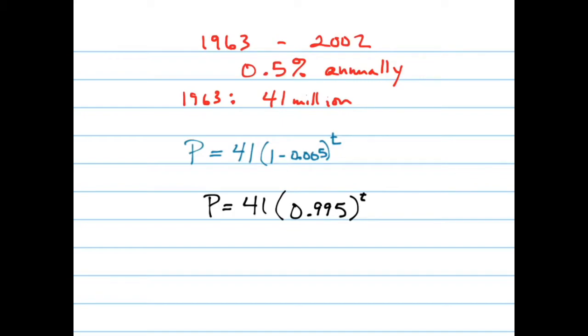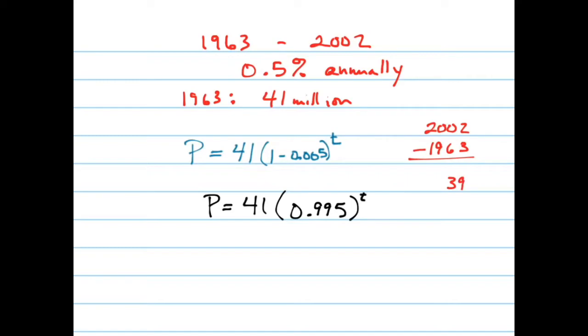Now B wants to know to the nearest tenth about how many million acres of ponderosa pine forest were there in 2002. Well, we need to know what time value to plug in. So what's 2002 minus 1963? That will tell us how many years since 1963. The result is 39.